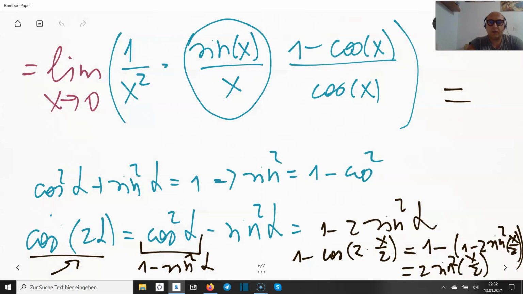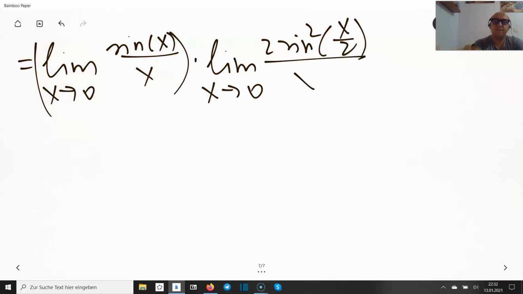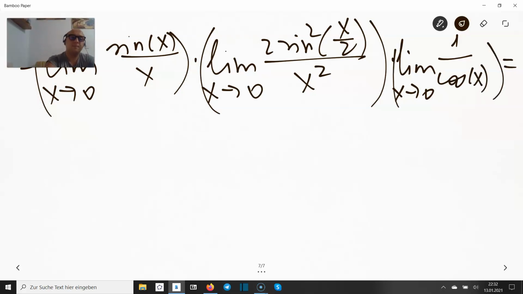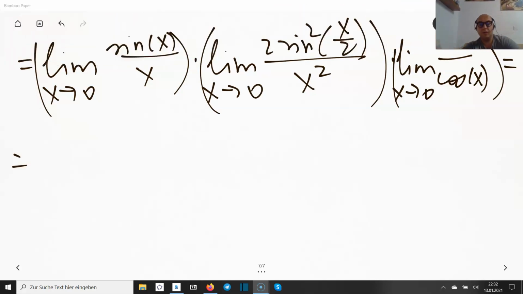And we are dividing it by x squared. And then we have one more limit, which is actually also almost done, as x is approaching 0 of 1 divided by the cosine of x. All right, so 3 limits. We can only separate the product if we know that those 3 actually exist. We know that this is 1.